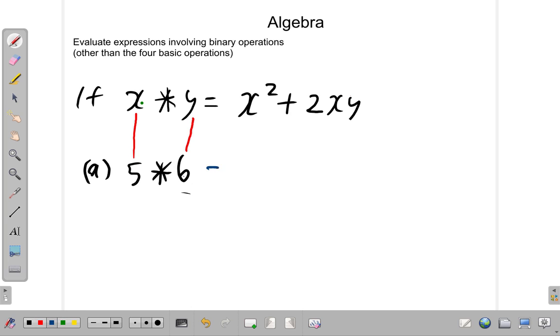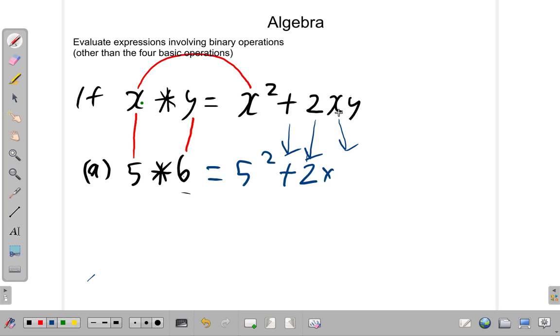Now, what is this going to be? The x comes over here as x squared, so the 5 will come over here as 5 squared. Then bring down the plus. The 2 comes here, 2 times x.